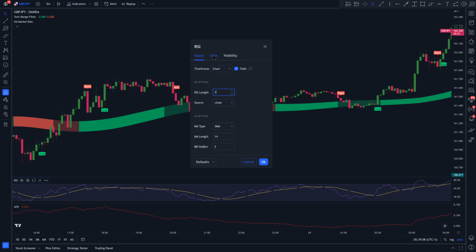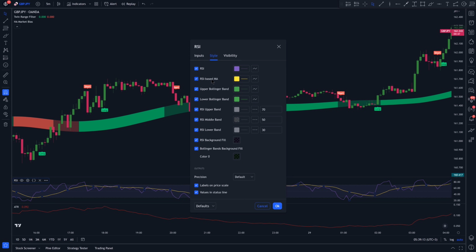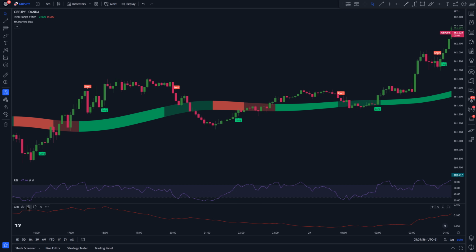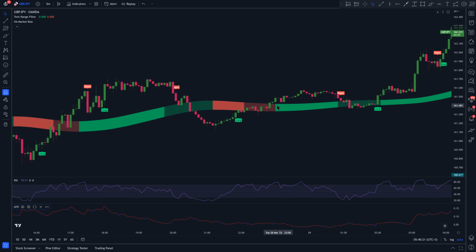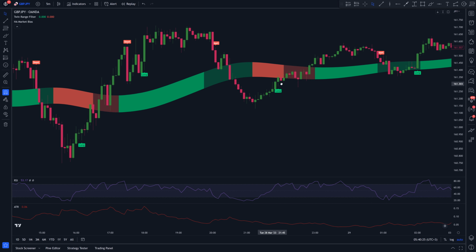Then on the Style tab, you're going to uncheck the RSI based MA and then click OK. Then click here to access the ATR settings. On the Inputs tab, change the length to 5. And then on the Style tab, change the precision to 2. And then click OK.